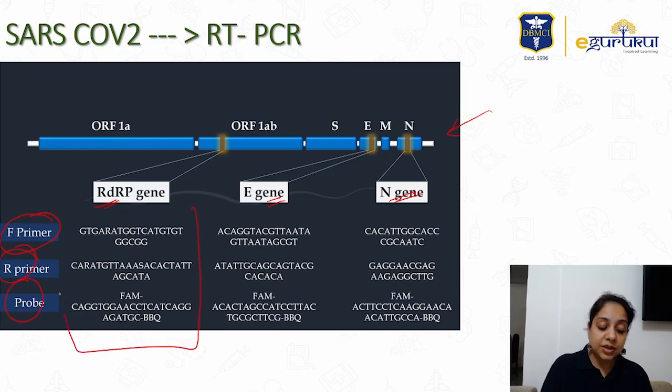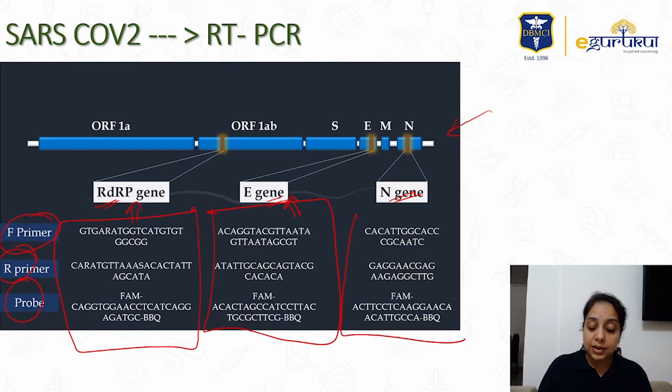So we have 3 sets. This set corresponds to the RdRp gene. This set is used to target the E gene, and this set is for the N gene. So based upon which kit we are using, that kit is specific for one of these 3 genes, and that is written on the label of the kit.